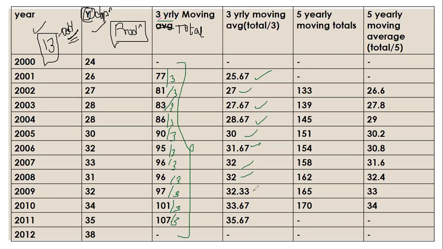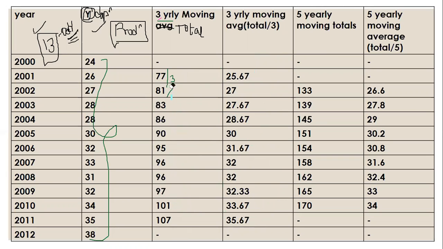Okay. So these are the dependent variable given to us, and these are the 3-yearly moving averages. In the graph, if at all they ask us to draw the graph for the problems, we have such problems, we are going to solve them next.